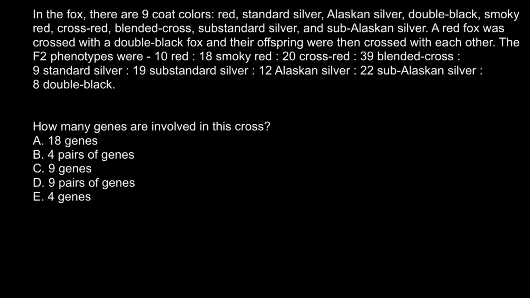The F2 phenotypes were 10 red, 18 smoky red, 20 cross red, 39 blended cross, 9 standard silver, 19 substandard silver, 12 Alaskan silver, 22 sub-Alaskan silver, and the last one, 8 double black.